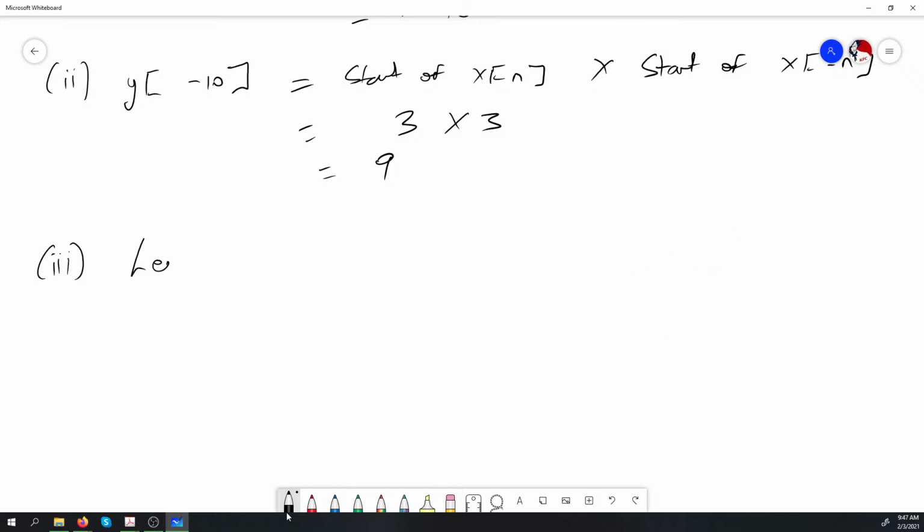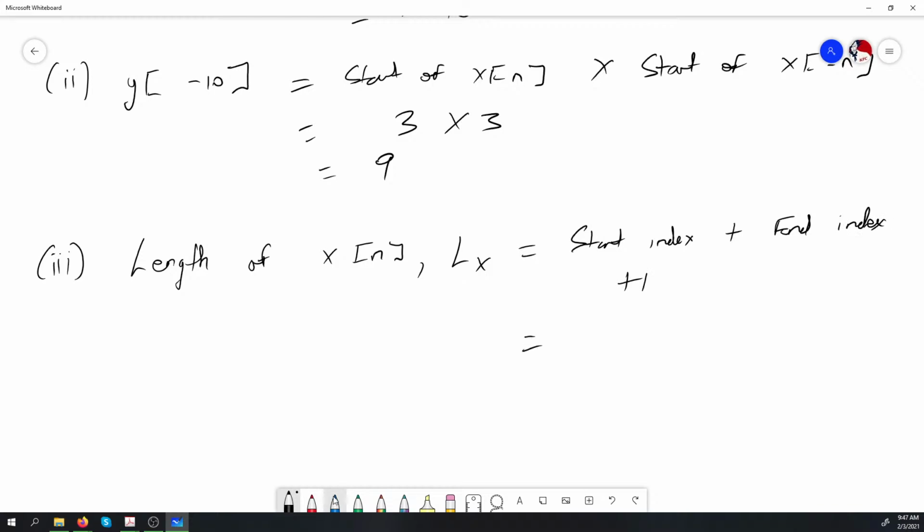So if we need to get the length of x of n, we're going to call this L of x. It's going to be the start index plus the end index plus 1. Remember, we're only taking the magnitudes of these indices.